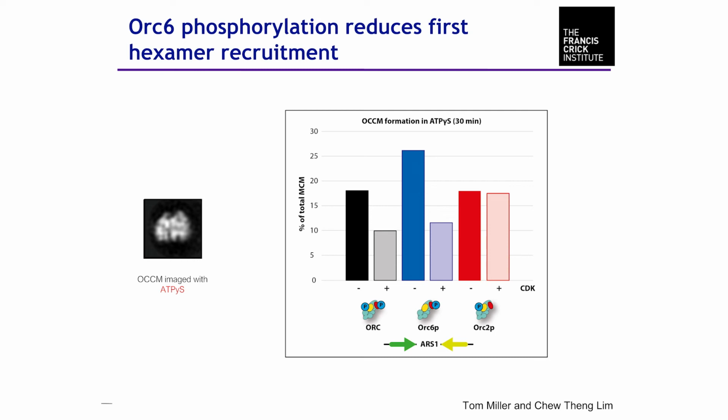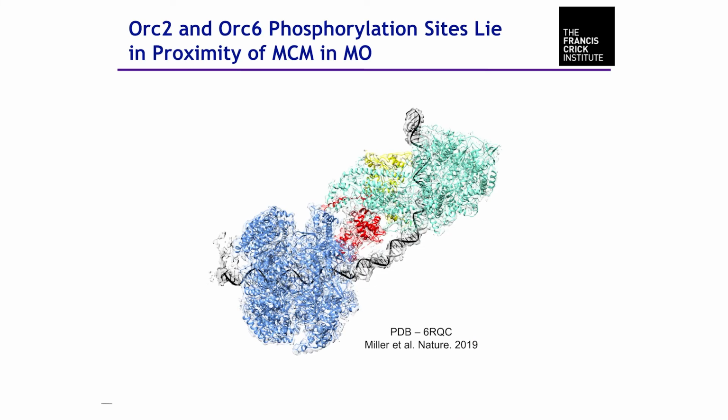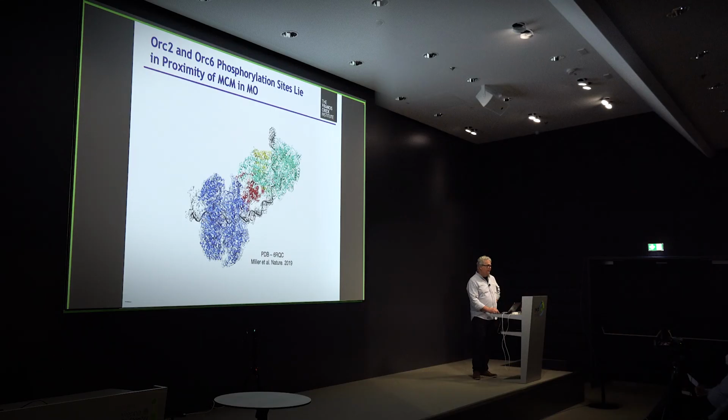But I think the most important thing is the formation of that MO complex. So it turns out that phosphorylation of either ORC2 or ORC6 completely blocks the formation of MO. It's that step that's being blocked by CDK phosphorylation, and that's going to be important in the next part of the talk. That wasn't so surprising to us because this is ORC6, between ORC and the MCM complex in this MO formation, and the N-terminus of ORC2 also runs into the MCM complex up here.